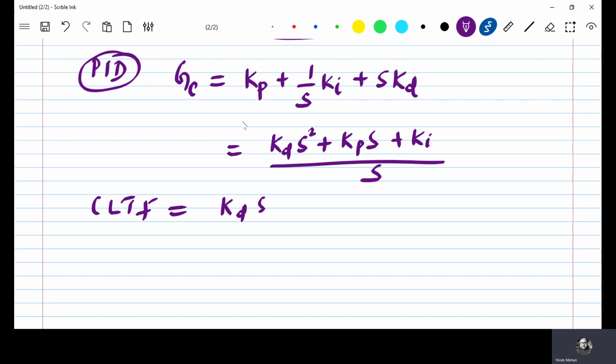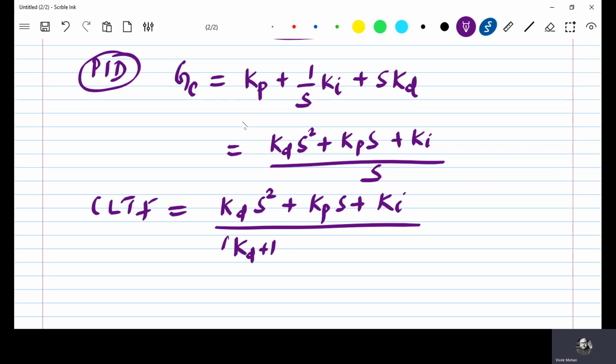It will become (Kd S squared plus Kp S plus Ki) whole divided by (Kd plus 1) into S squared plus (Kp minus 2) into S plus Ki. Please check this.